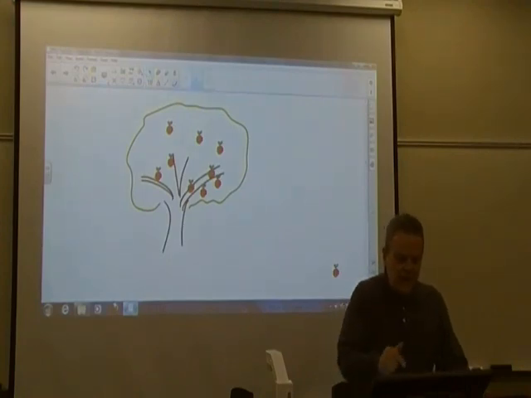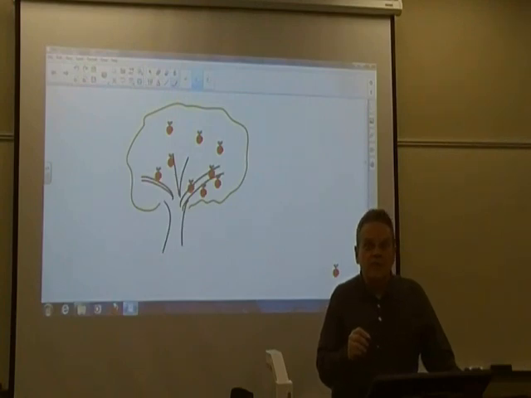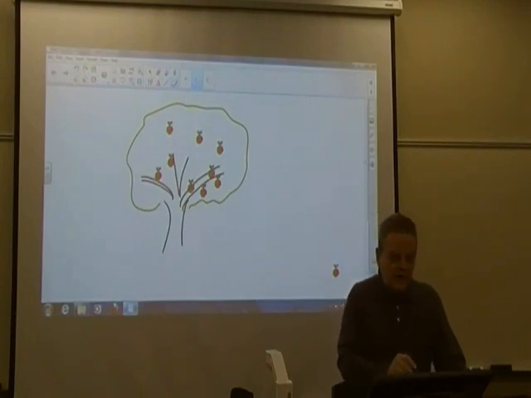So what if I decided to go out and convert my stock dividend into a cash dividend? It would sort of be like I was chopping down part of this, cutting a branch off this tree. So in essence, I'm getting rid of this branch and therefore getting rid of this fruit that was on that branch.